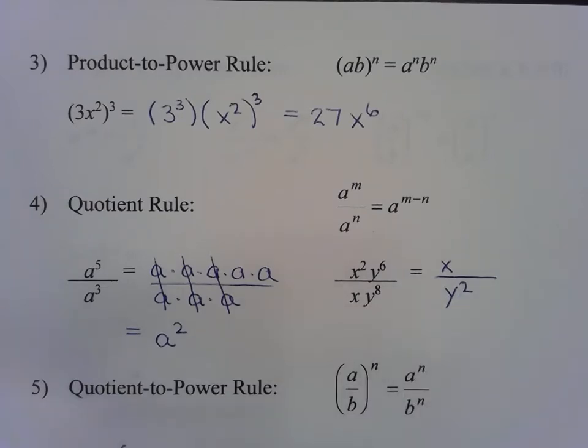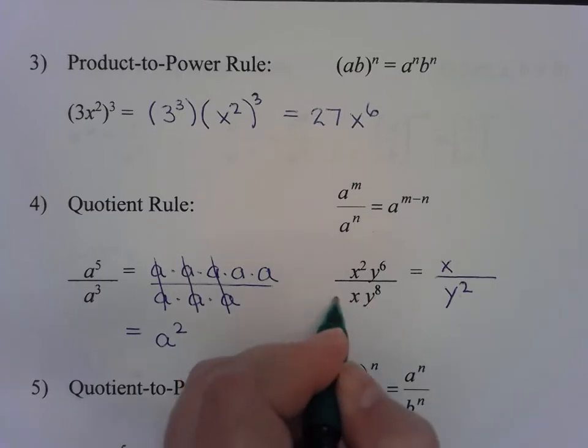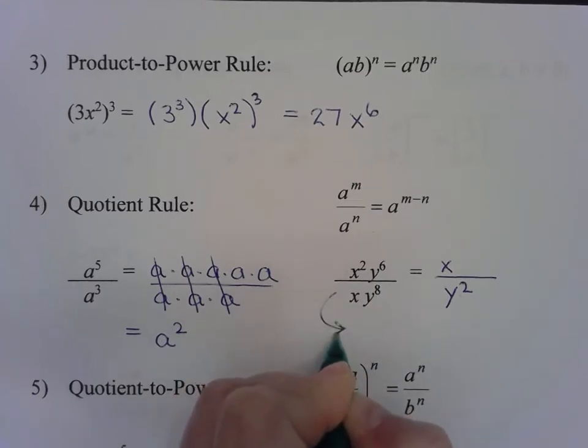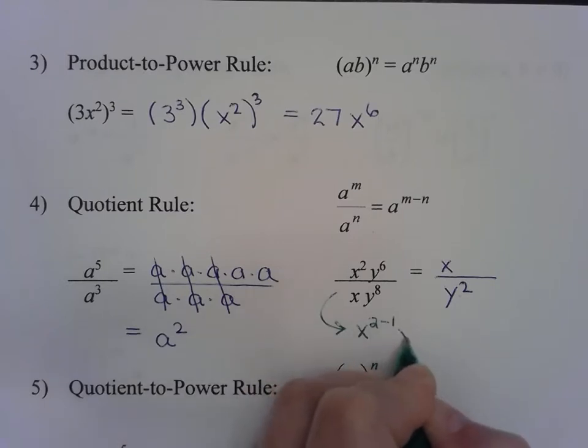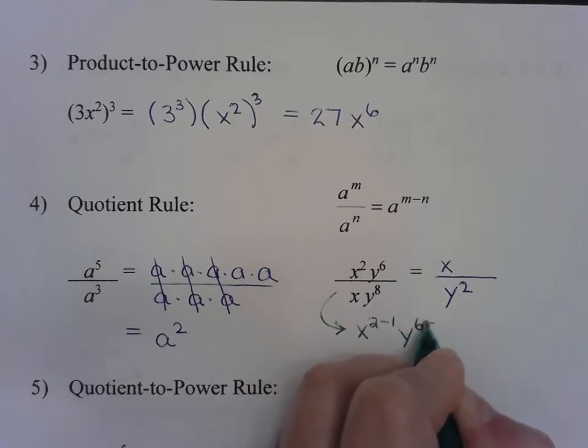Okay, if you did the subtraction method, let me write that out for you down here. You could also subtract, so x to the 2 minus 1 power, and y to the 6 minus 8 power.